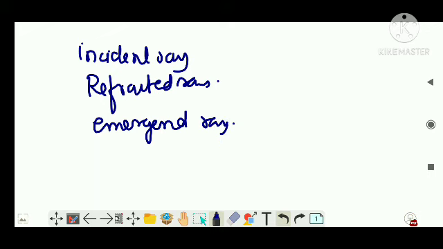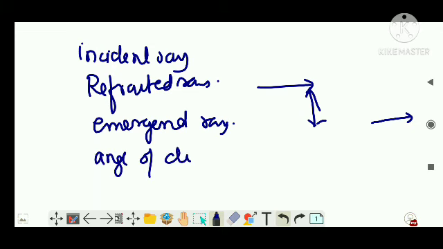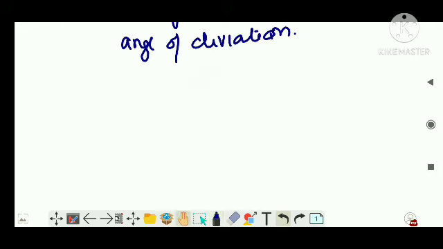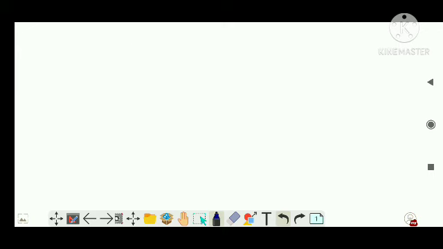When the incident ray is compared with the emergent ray, there is some deviation between them, known as the angle of deviation. These are all terms you will learn in this section. Clear? Now let's move on with the proper prism figure.